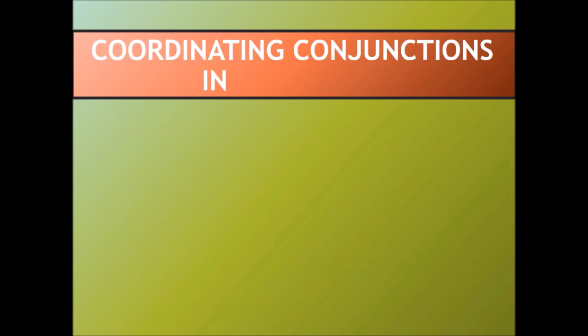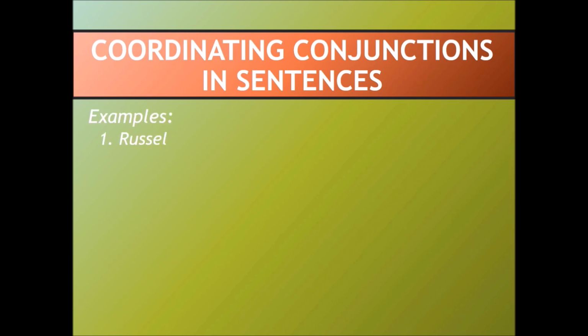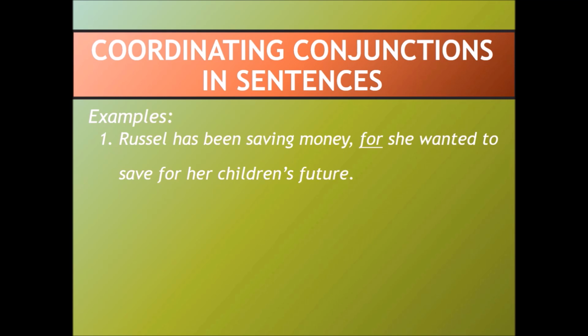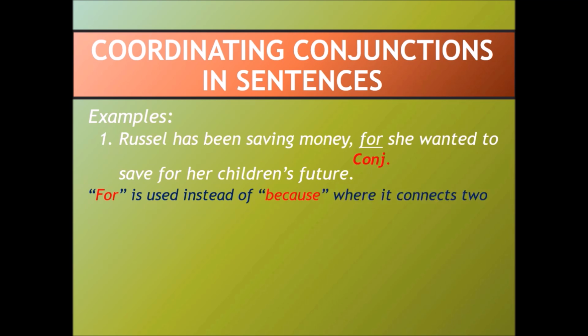Coordinating conjunction in sentences. Examples: Russell has been saving money for she wanted to save for her children's future. For there is a coordinating conjunction. For is used instead of because, where it connects two independent clauses.